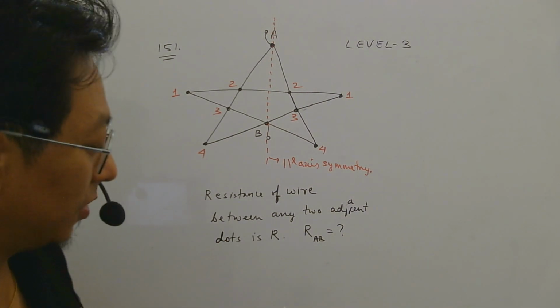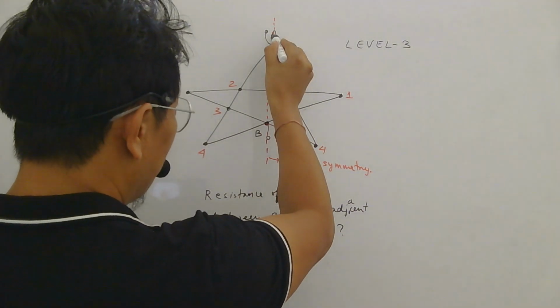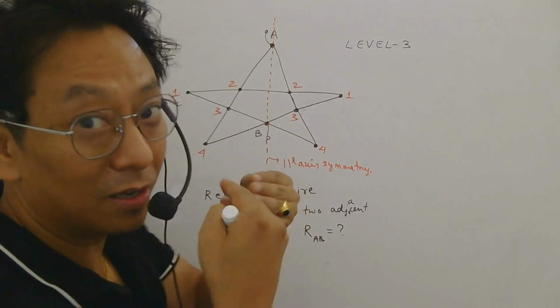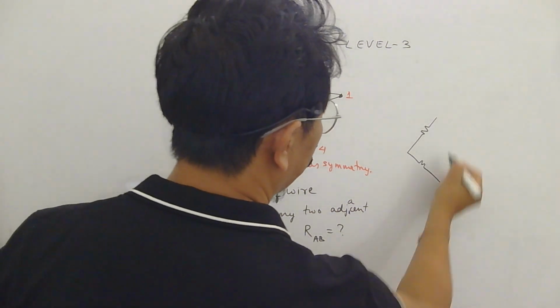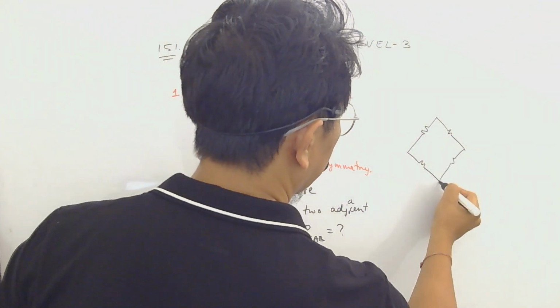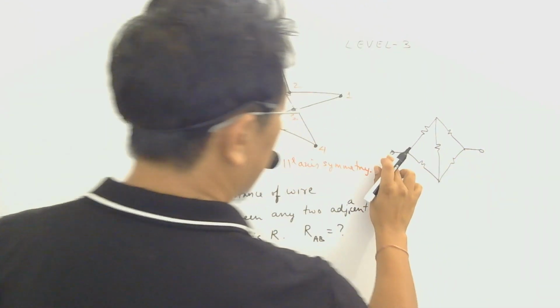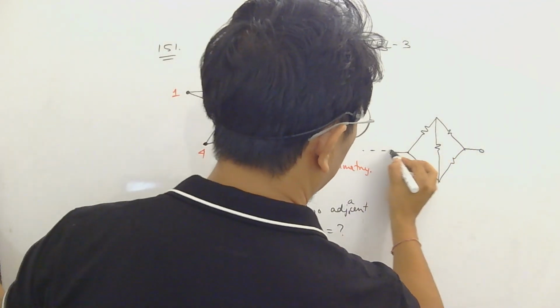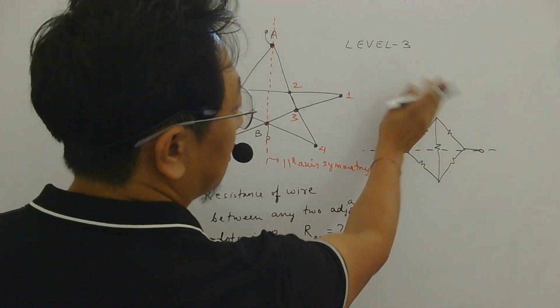Also, I told any resistor that cuts perpendicular to this axis can be removed. For example, in Wheatstone bridge, if you remember, when I want resistance between these two terminals, and if I draw this line, you see there is symmetry this side and this side.